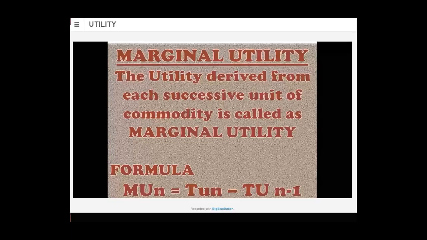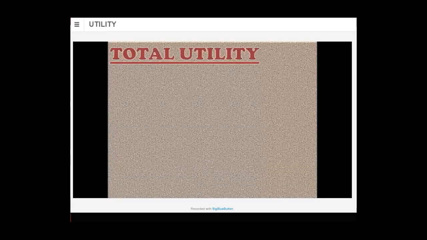अभी दूसरा कंसेप्ट उन्होंने इंट्रोड्यूस किया था टोटल यूटिलिटी. टोटल यूटिलिटी के बारे में प्रोफेसर मार्शल ने क्या कहा?